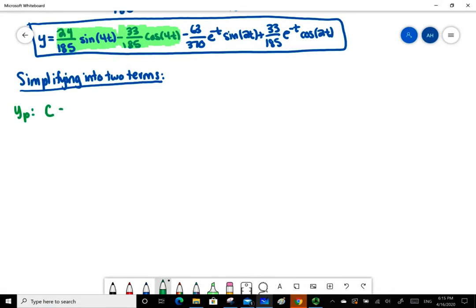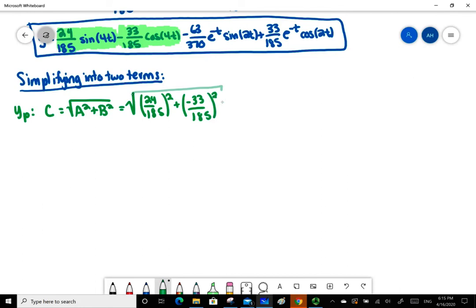The amplitude c is the square root of a squared plus b squared, which will be the square root of (24 over 185) squared plus (negative 33 over 185) squared, which equals the square root of 1665 over 185, or 3 square root 185 over 185.